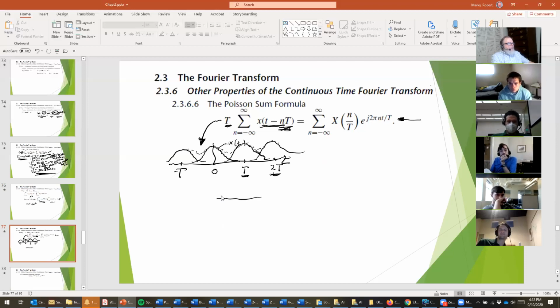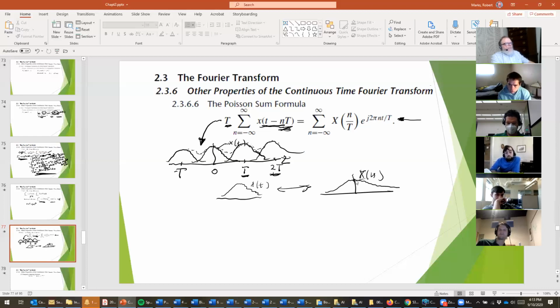See if this rings a bell. We Fourier transform a single period, whatever that looks like.